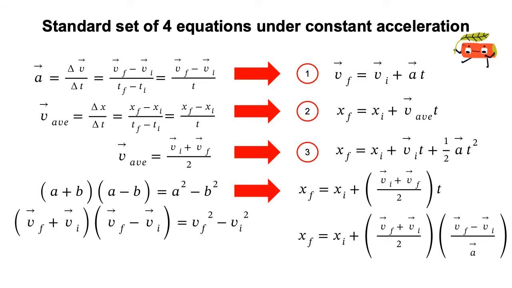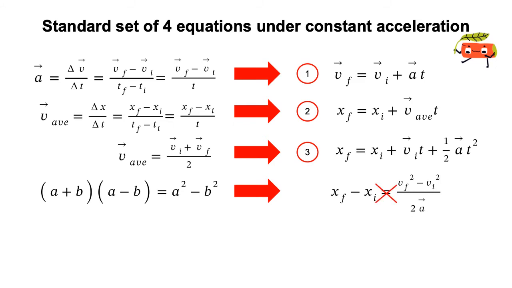Relating this to our equation, we get Vf plus Vi times Vf minus Vi equal to Vf squared minus Vi squared. We now have Xf minus Xi equal to Vf squared minus Vi squared over 2a.